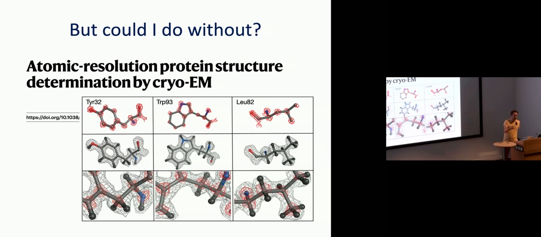Now, could I do without? Yes, but the microscope is a lot more expensive, and it also becomes a lot more difficult to work with because of how the Cs corrector is set up. So you could do without it, and you could build a more difficult to use, slower and more expensive machine.